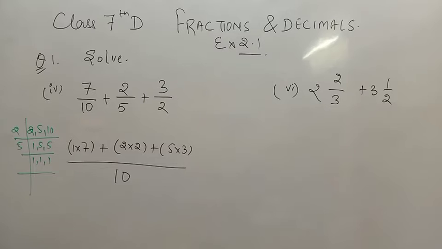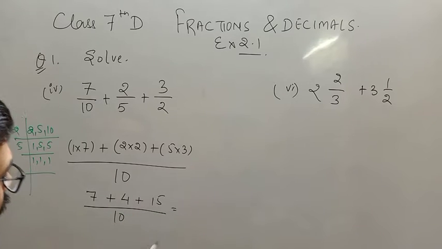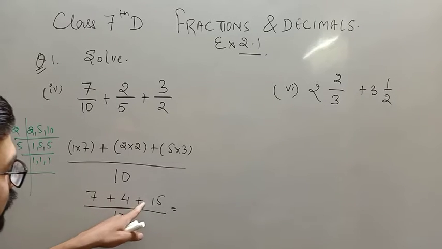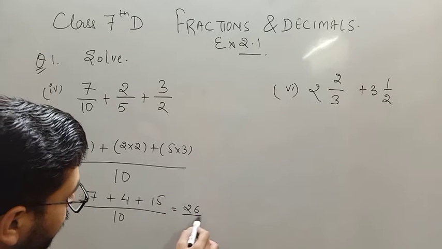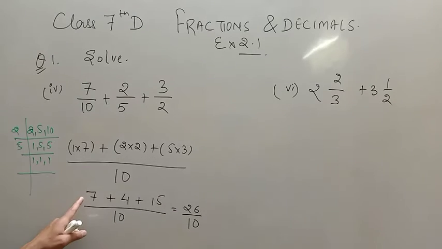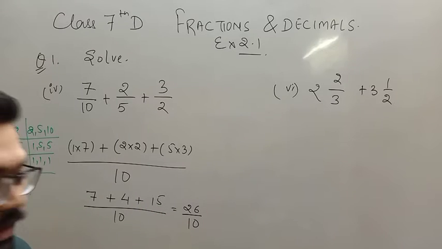Any doubt? 7 1s are 7, plus 2 2s are 4, plus 5 3s are 15, divided by 10. 7 plus 4 is 11. 11 plus 15 is 26, divided by 10.